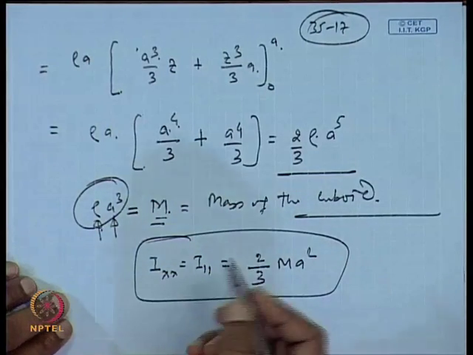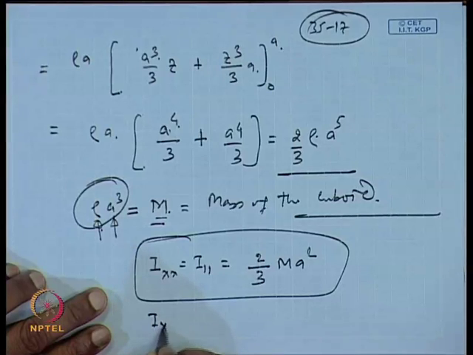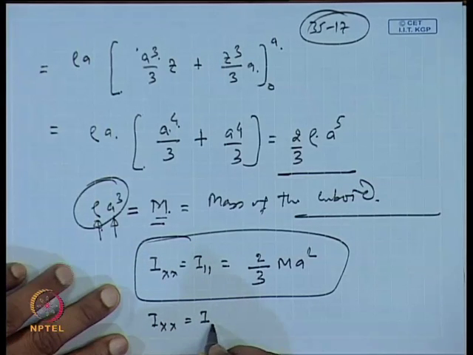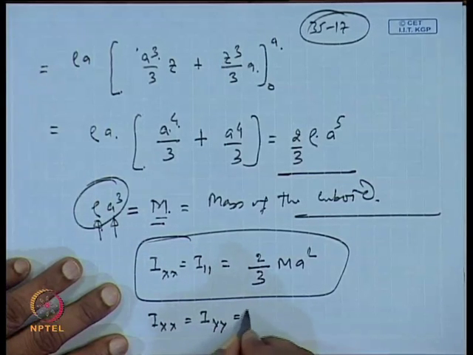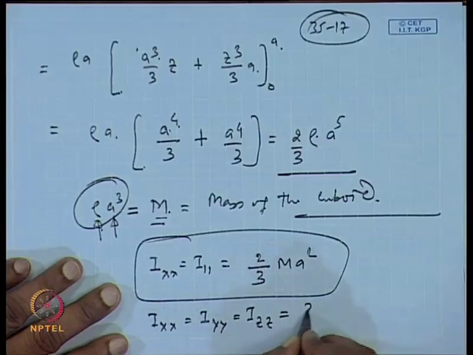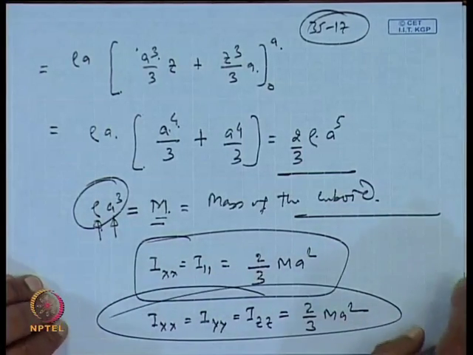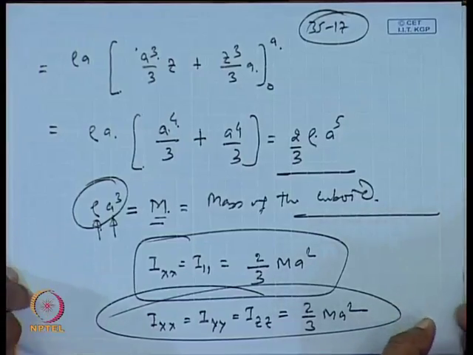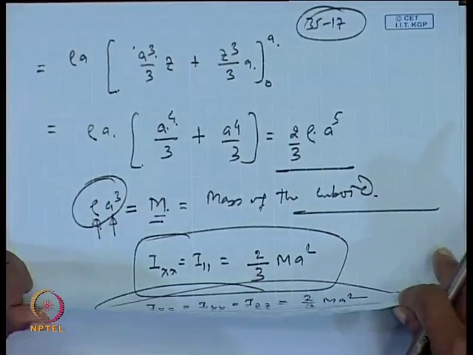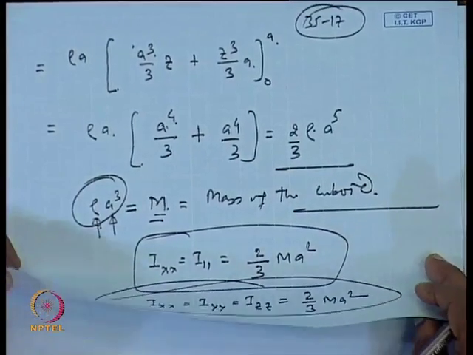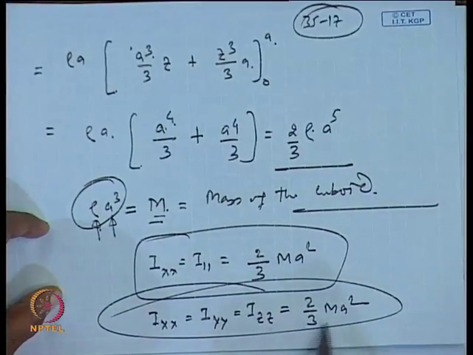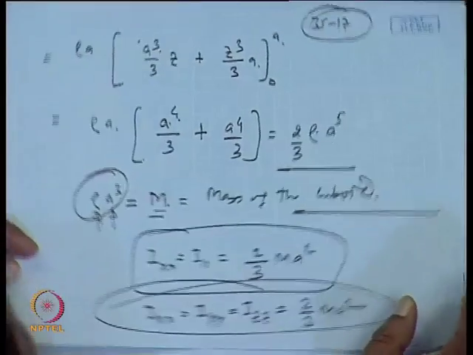Okay, and by symmetry you can check that I x x equal to I y y equal to I z z equal to 2 by 3 m a square. This is obvious from the symmetry, because it is a cuboid. If it had been a parallelepiped or any other figure, this result you would not have got.